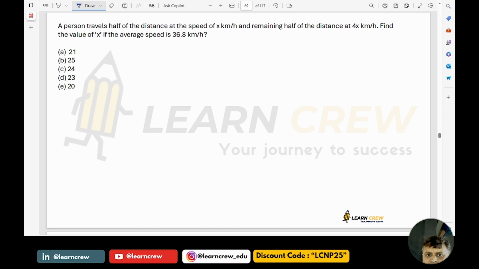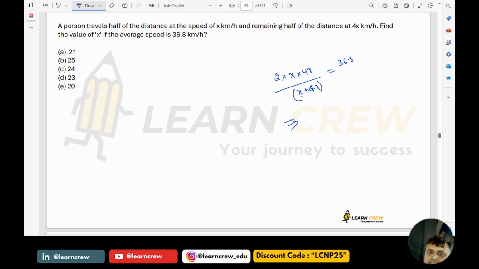Actually, see, the average speed formula is 2xy by x plus y. X plus 4x is 5x. Okay, x is cancelled throughout. So 2 4s are 8. Okay, so you need to find out the value of x. This value is given as 36.8.